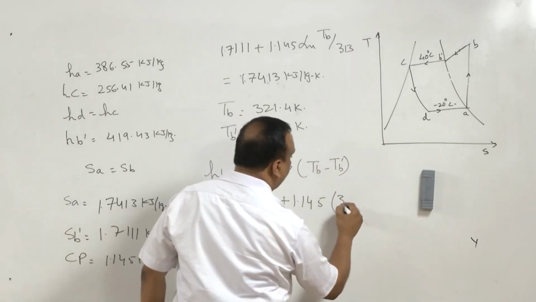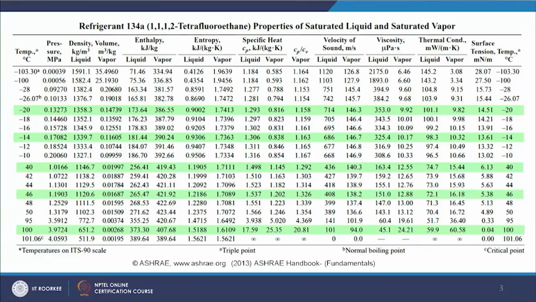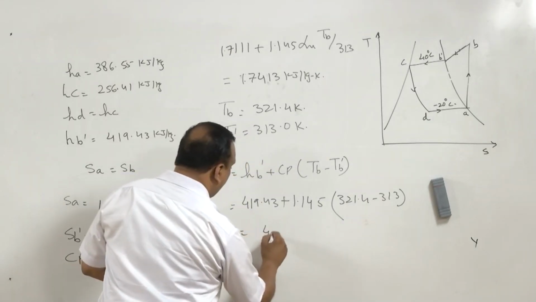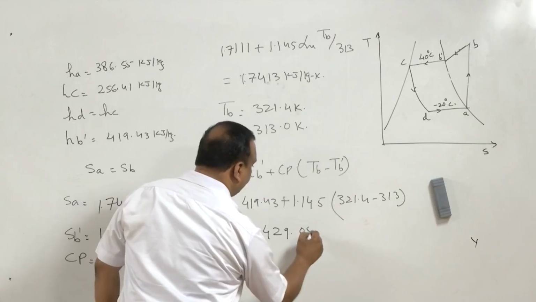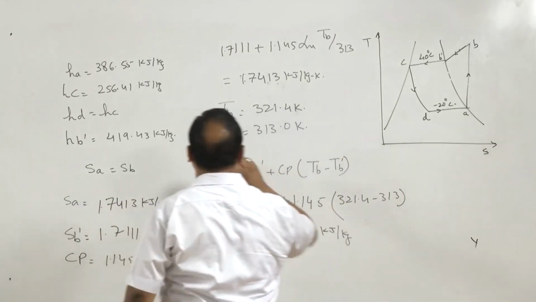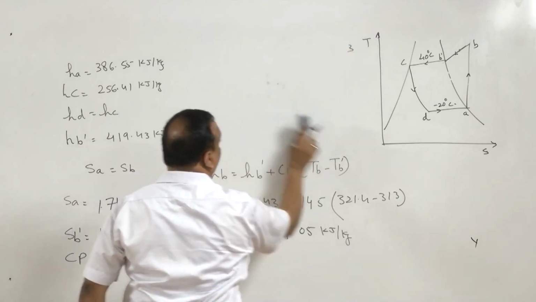So, TB is 321.4 minus TB dash is 313. So, the value of HB is going to be equal to 429.05 kilojoules per kg. Now, we have the value of enthalpy at B and enthalpy at A as well.